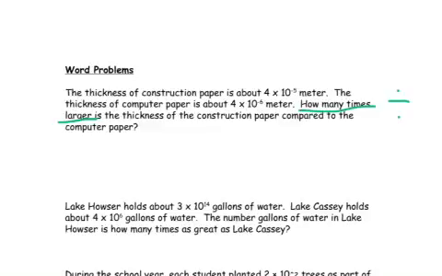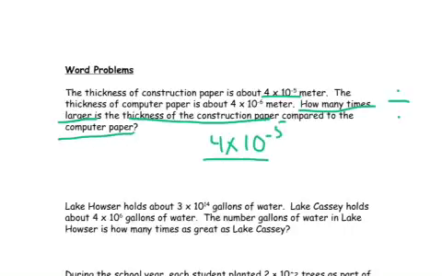Look to see what it stated first. It has the thickness of the construction paper, so that is what's going to be in my numerator. So I have 4 times 10 to the negative 5th, and divide it by the computer paper, which is 4 times 10 to the negative 6th.